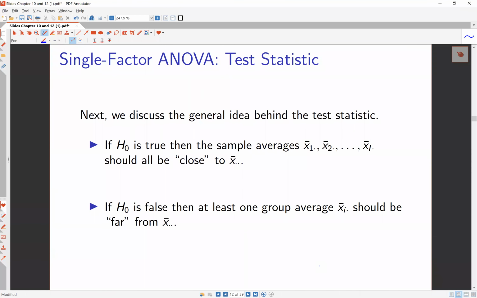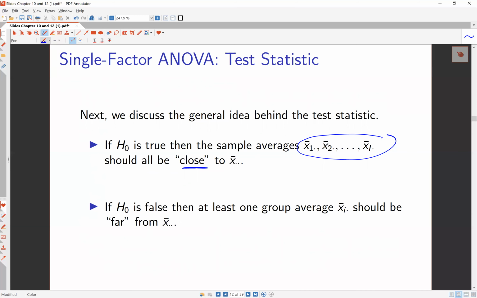Now, the intuition around where the test statistic we're going to see comes from lies with the following. If the null hypothesis is true, and you go and calculate all the different group averages, what you would expect is that each of those group averages will be fairly close to the overall average, right? They're all estimates of the same underlying quantity. So they should be close to one another, which means they're all close to their overall average.